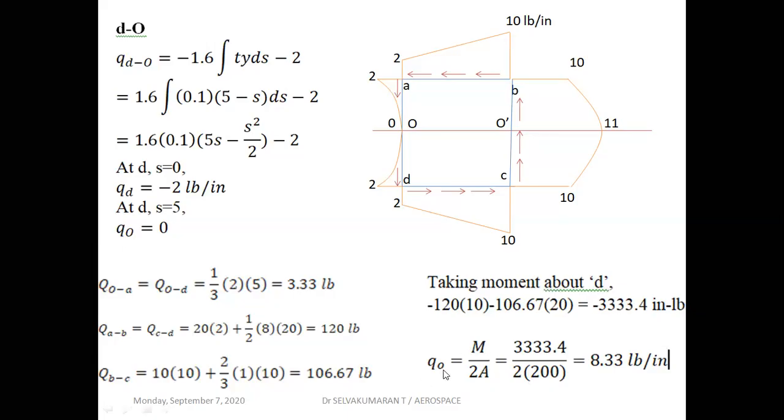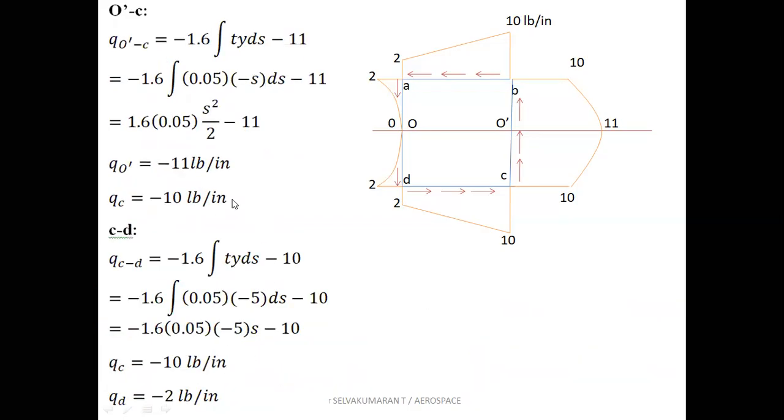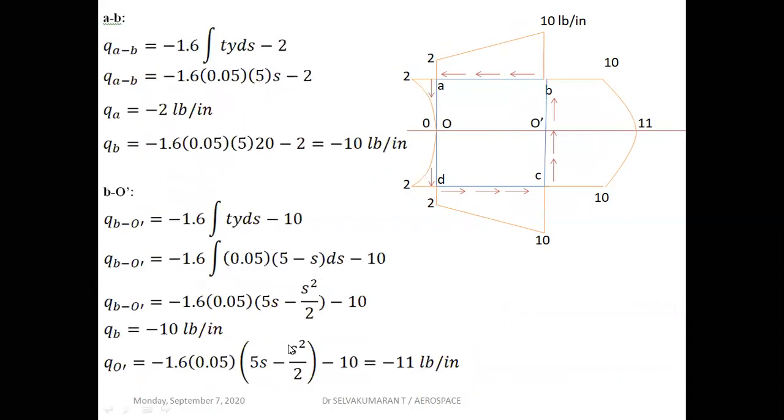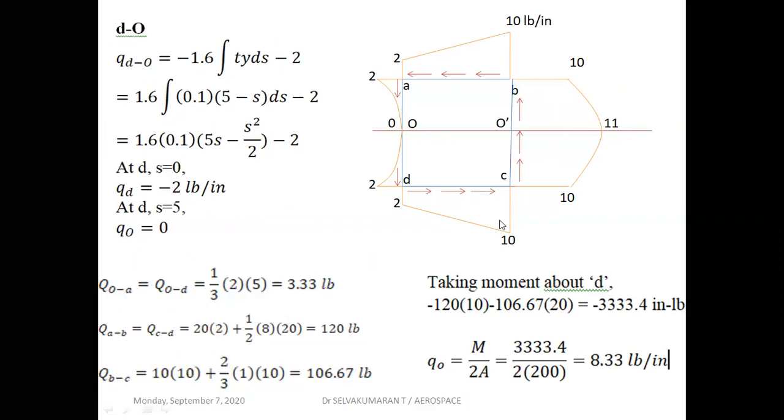Now you add this Q naught, 8.33 pound per inch, to the individual shear flow values we have determined: QD, QC, QO dash, QB and QA, everywhere. Here you are getting 0, so 0 plus 8.33 means 8.33 will be the shear flow.